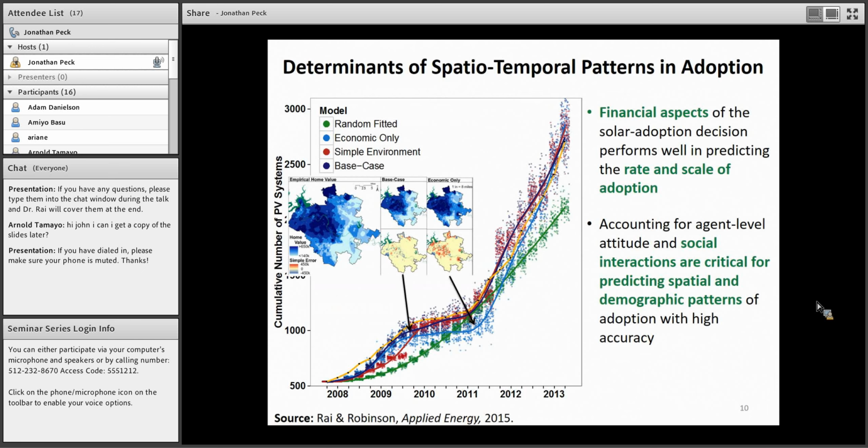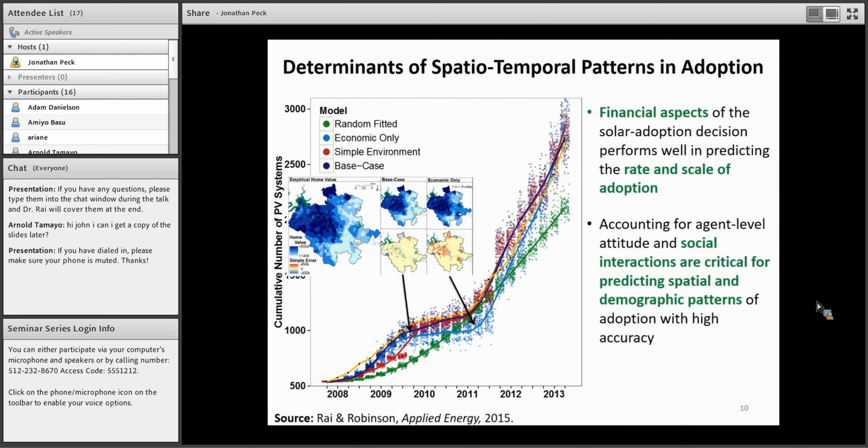This is based off an agent-based model that we built. This is at the household level using every single family household in Austin, so about 175,000 households, where we simulated their decision to adopt or not adopt solar over about 10 years. This is entirely empirical, so this is validated as well as we could.